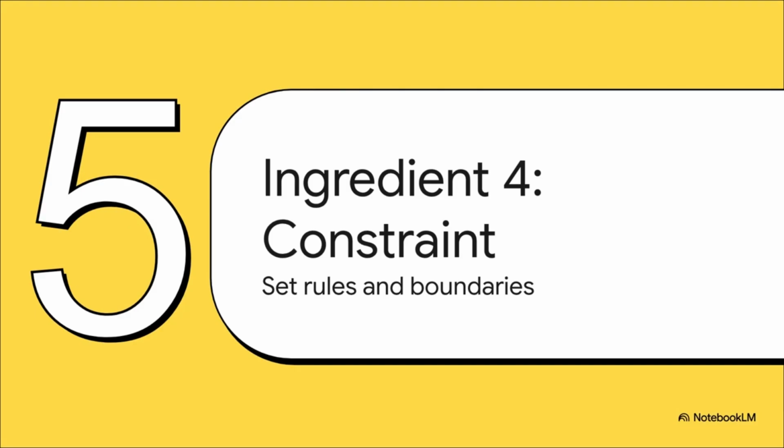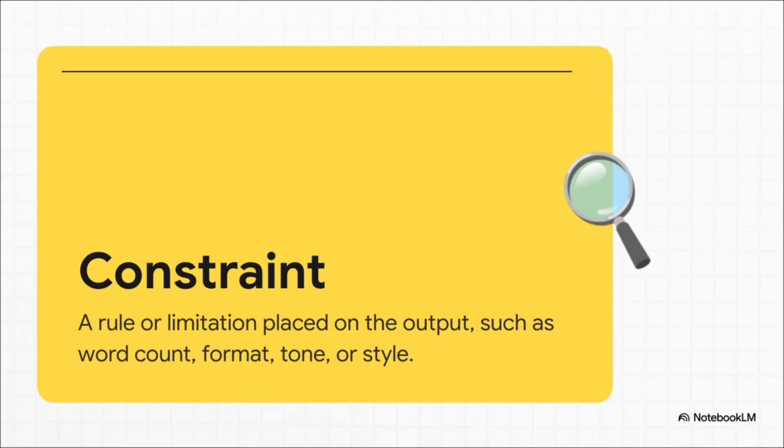This brings us to the final piece of the puzzle, the fourth ingredient, which is constraint. You can think of constraints as guardrails that keep the AI's response focused, structured, and actually practical. A constraint can be anything from a word count or a sentence limit to a specific format, like "give me bullet points," or a particular tone of voice. These rules are crucial for getting an answer that you can actually use. This is a perfect example of what I'm talking about.